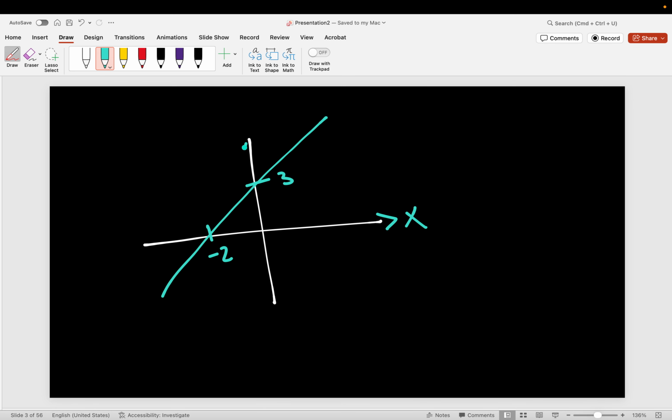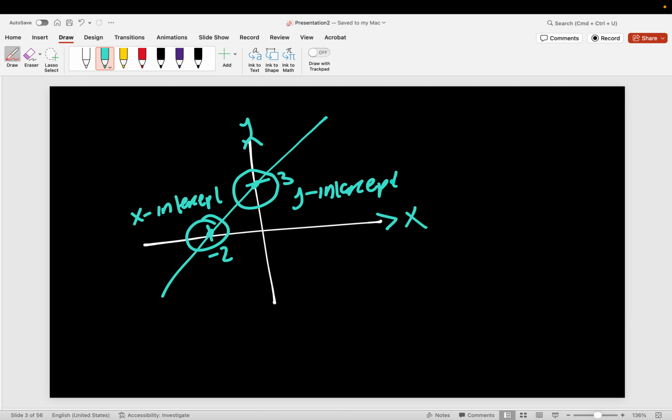This is x and this is y. The point where it intersects your x-axis is called your x-intercept, and the point where it intersects your y-axis is called your y-intercept. This line intersects the x-axis, the horizontal axis, right here, so this is my x-intercept. Same question: at what point does this line intersect my y-axis? It intersects it right here, so that's my y-intercept.